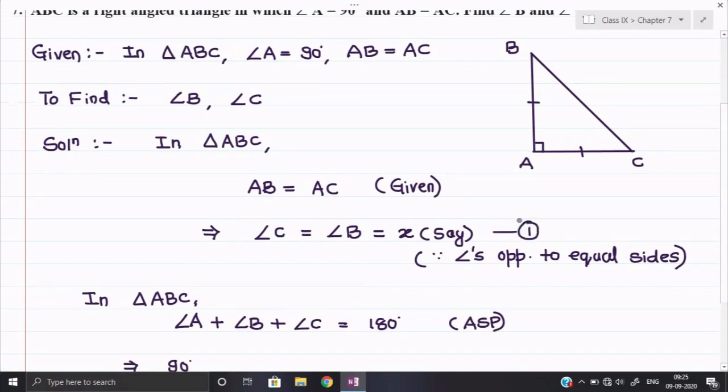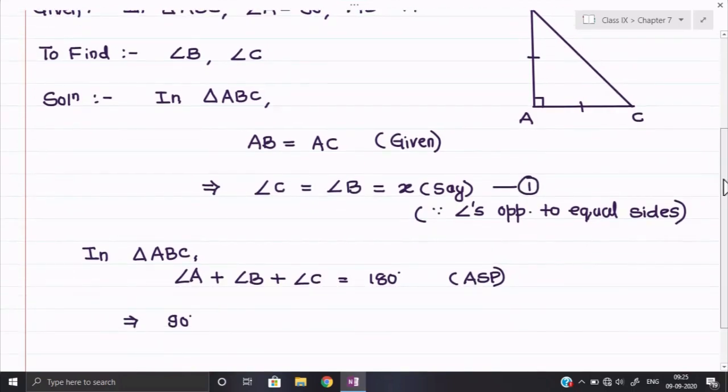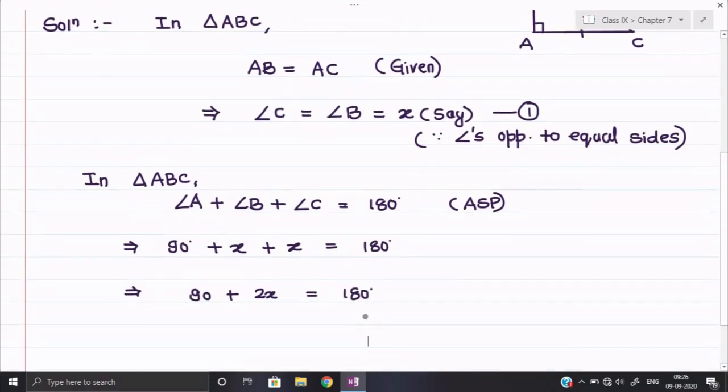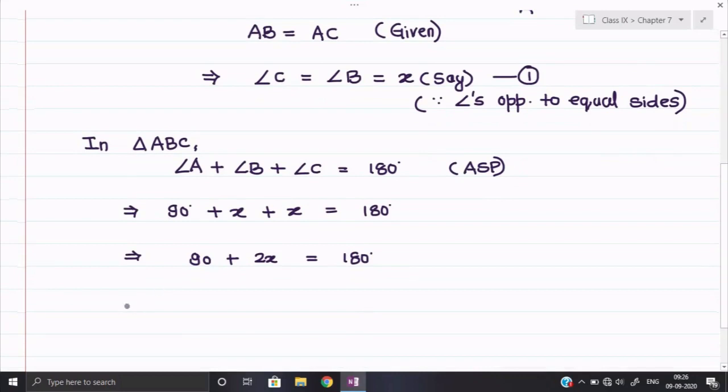So in equation number 1, the remaining two angles we have considered as x because both are equal. So angle B I am keeping x, angle C I am keeping x, is equal to 180 degree. So we can say that 90 plus 2x will be equal to 180 degree. 90 will go to that side and 2x we keep here.